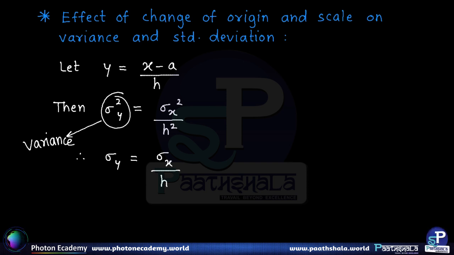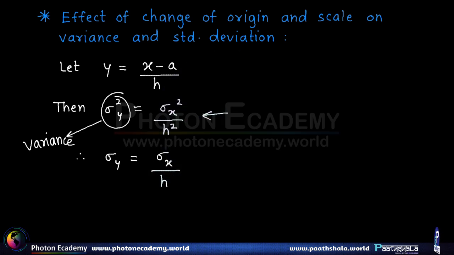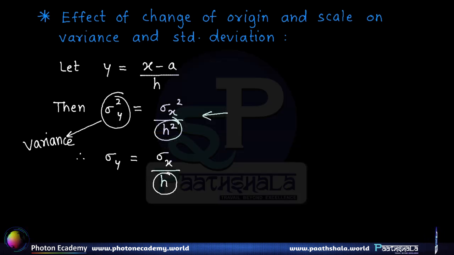On the right side we see that the variance gets divided by h square, and hence taking the square root, if we see the relation in standard deviations, then standard deviation of y will be equal to standard deviation of x divided by just h, because we are taking the square root on both sides.